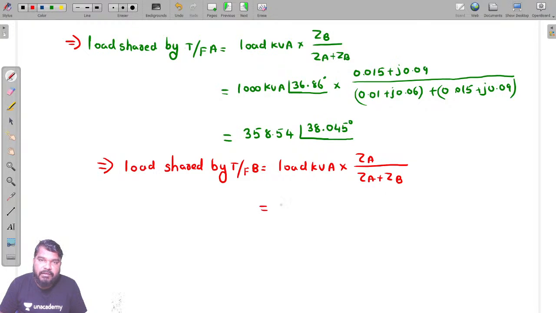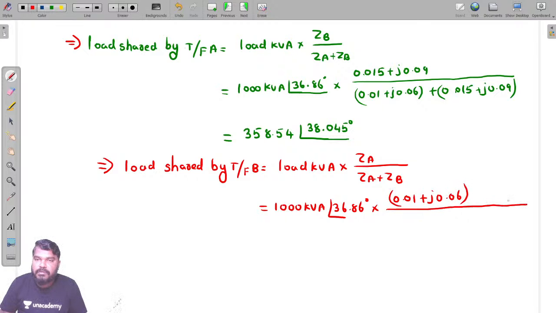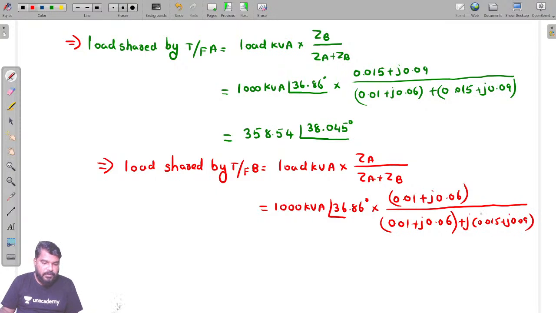Now simplify here. That is 1000 kVA at an angle of 36.86 degrees, into ZA. ZA is equal to 0.01 plus j 0.06, divided by ZA plus ZB, which is 0.01 plus j 0.06 plus 0.015 plus j 0.09.